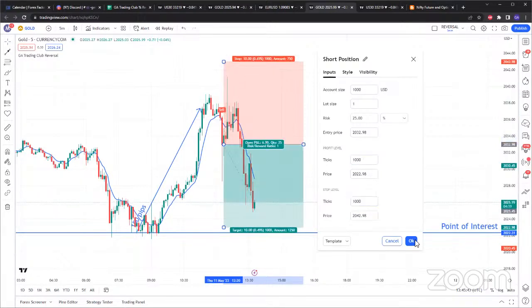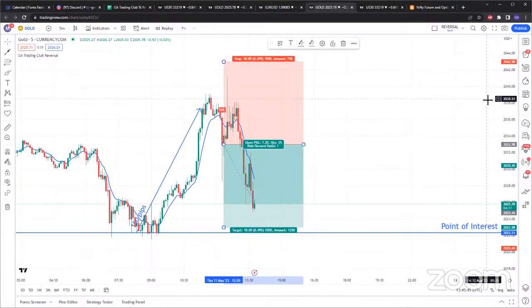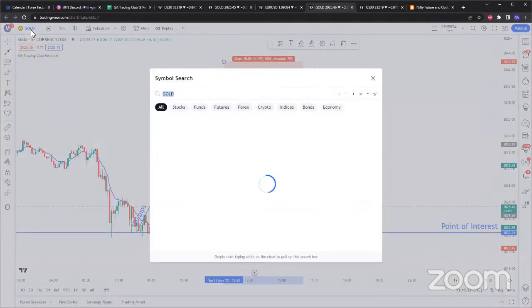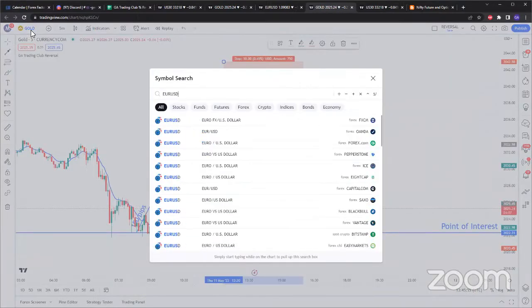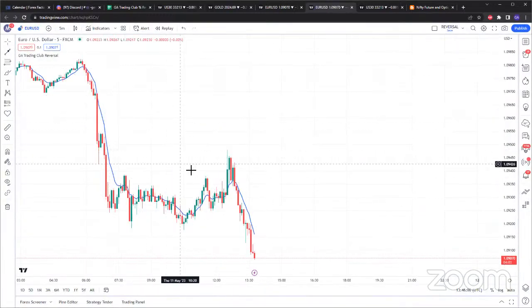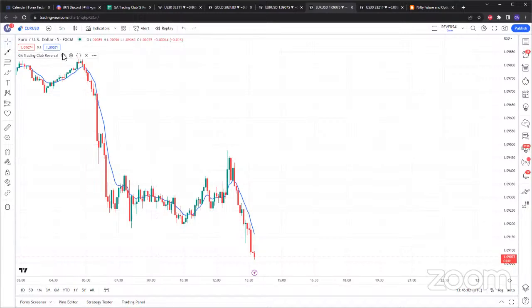So if you'd have used 100 pips TP, 100 pips stop loss, that could have been good. The other EU reversal was this one.